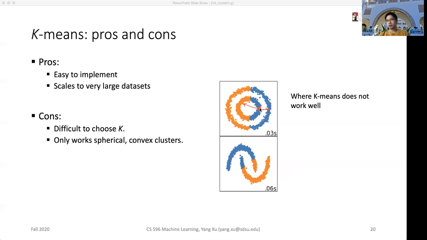So the algorithm is not smart enough to recognize that these red points are actually connected to these blue points within the same ring. The algorithm is not based on connectivity, but purely on distance. That's why such clusters are not recognized. So we will need alternative methods rather than k-means.